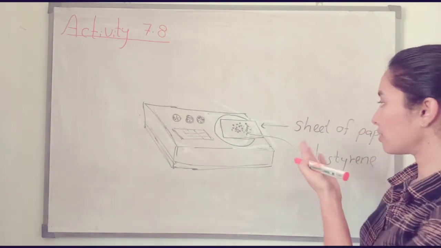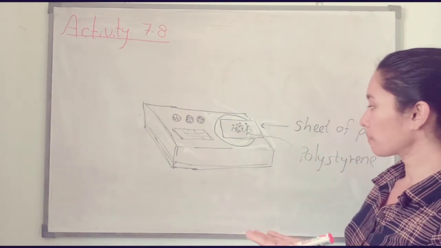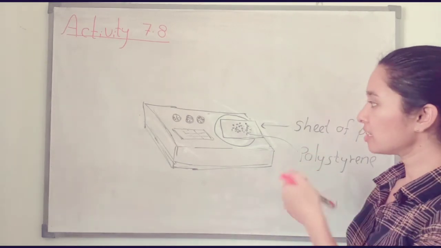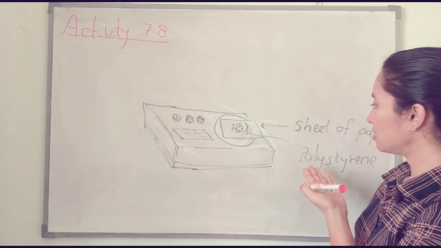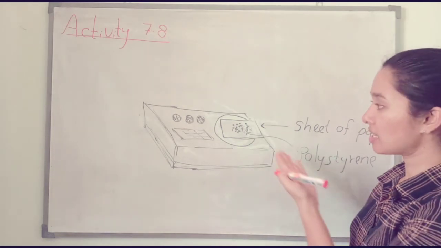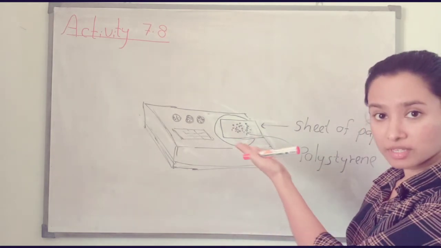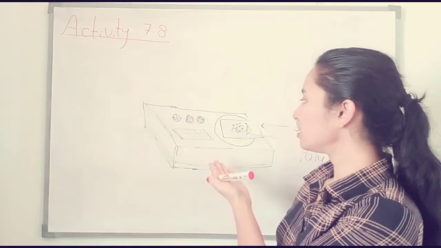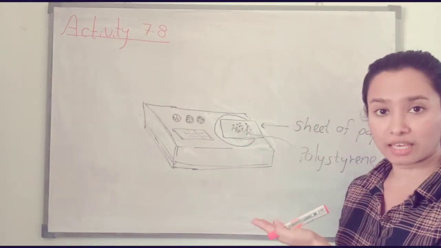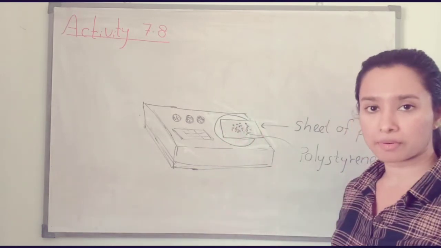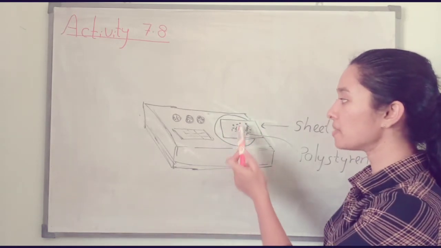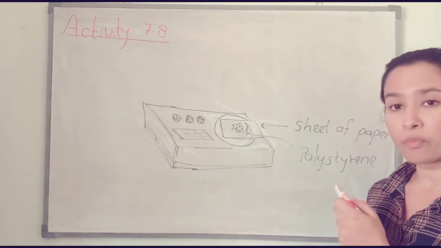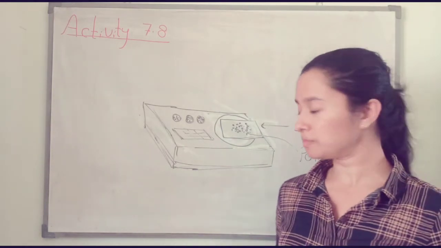Then we have to take a sheet of paper and put some polystyrene. Then hold this sheet of paper with polystyrene in front of the radio, near to the radio. Then you can feel the vibration of this paper and motion of polystyrene. You can do it at home.